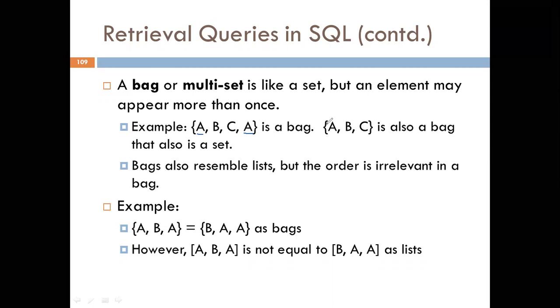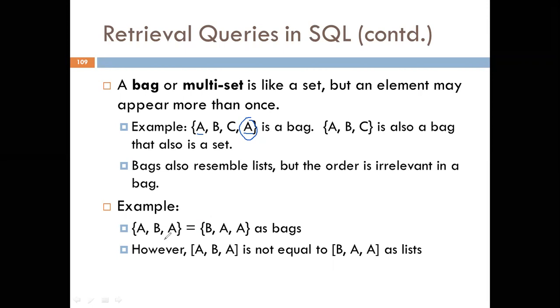Again, there is a difference between a bag and a list. The difference between a bag and a set is the repetition of an element, whereas the difference between a bag and a list is the ordering.